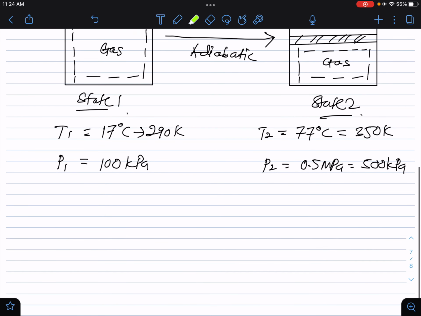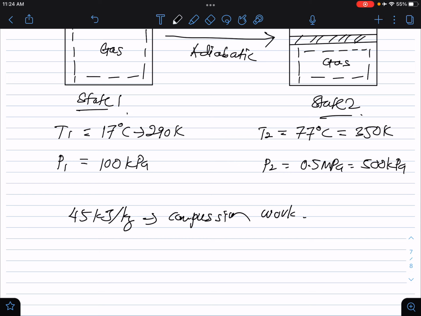So how do we describe this in a mathematical expression? 45 kilojoule per kilogram is the compression work. For a compression work, in terms of the net work it will be a negative value, since this is a compression.